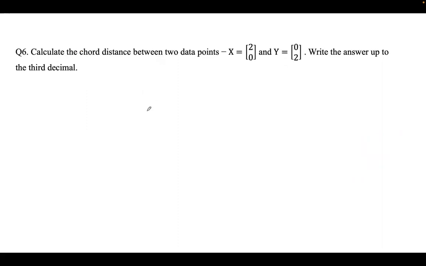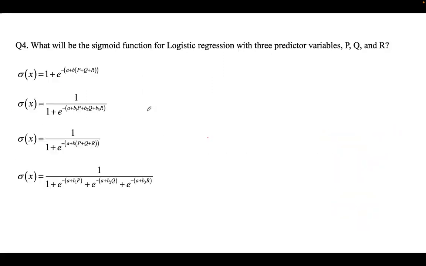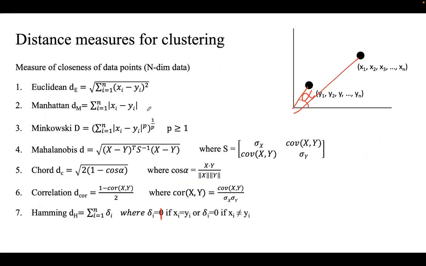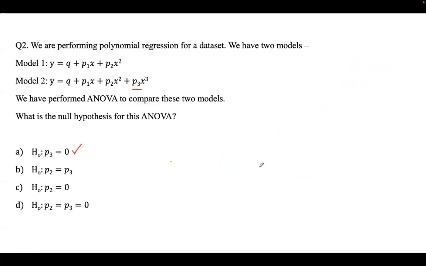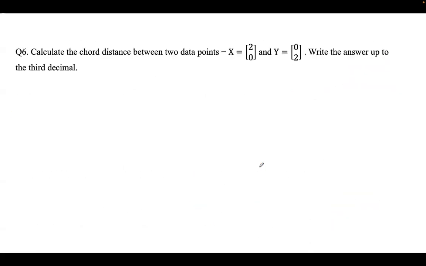So you want to calculate the chord distance between these two. So let's just go back and check. So this is the chord distance, right? Root of 2 multiplied by 1 minus cos alpha, where cos alpha is the dot product divided by the norm of these two, right?